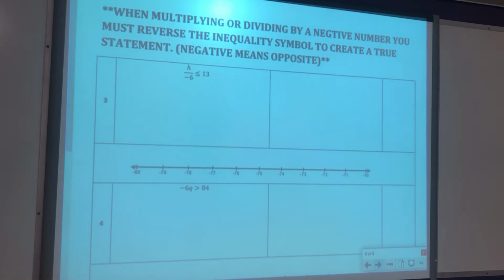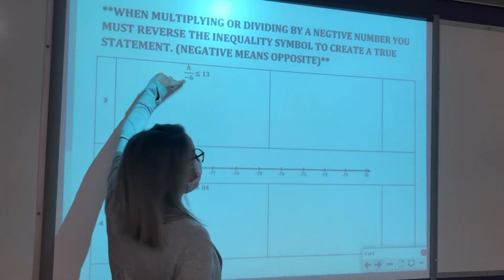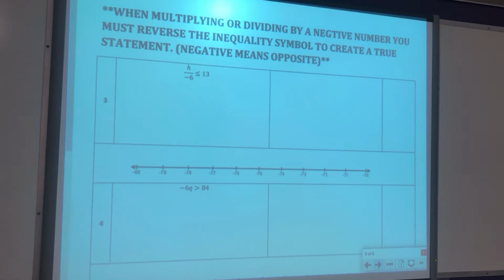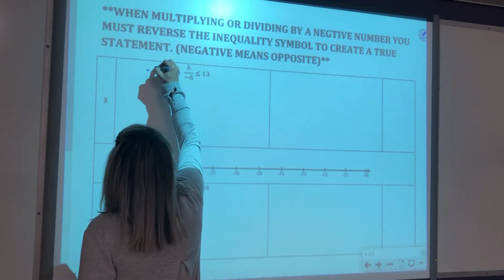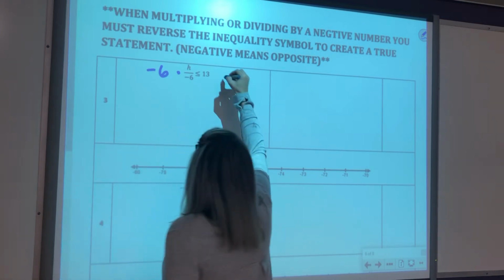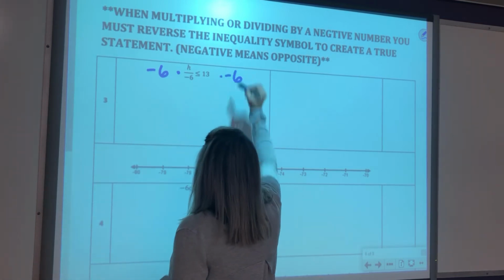In this situation, we have h divided by negative 6. What's the opposite of dividing by negative 6? Multiplying by negative 6. So I'm going to multiply by negative 6 on the left, and I'm going to multiply by negative 6 on the right.